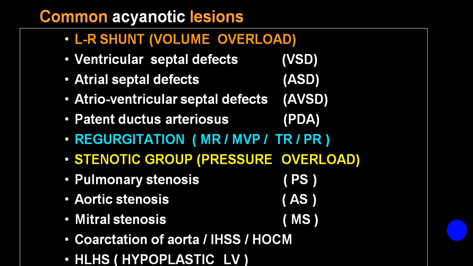There are some conditions where there is a regurgitation like MR, mitral valve prolapse, tricuspid regurgitation, pulmonary regurgitation, and stenotic groups, which are also acyanotic groups, like pulmonary stenosis, aortic stenosis, mitral stenosis, coarctation, IHSS, or we call HOCM, hypertrophic obstructive cardiomyopathy, and IHSS is idiopathic hypertrophic subaortic stenosis. And very rare conditions you can come across, hypoplastic LV, that is hypoplastic left heart syndrome.